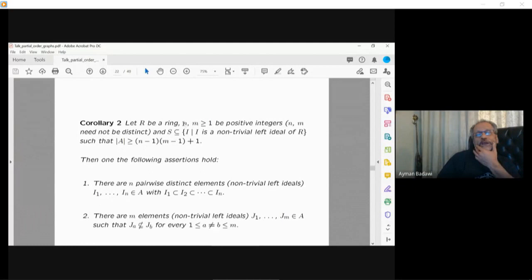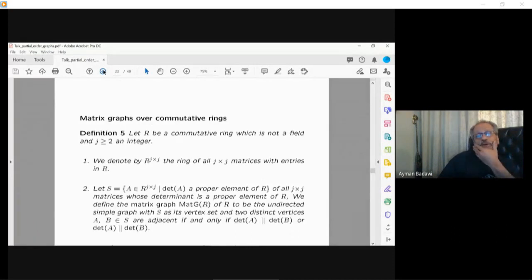So we said 11 and 6, so you have 51. You should have either 6 ideals with this inclusion, where I1 is contained in I2 and so on, or you should have 11 ideals, none of which is contained in another. Wow, that's interesting as an implication.